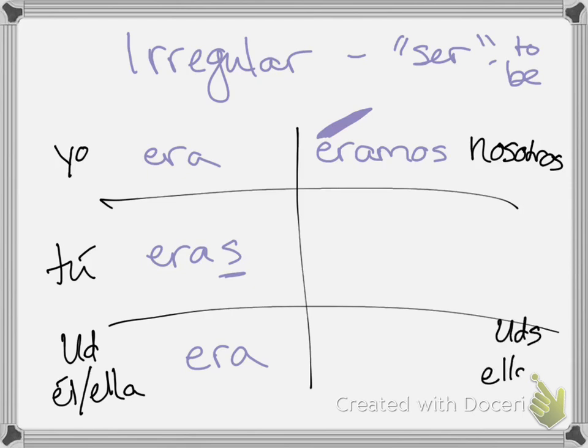Ustedes, ellos, o ellas is going to be eran. ¿Sí? Eran muy buenos estudiantes. En el kinder eran estudiantes perfectos, pero ahora que están en la secundaria, ¿sí? Eran. Right, so this is our irregular del verbo ser, and then also we went over ER and IR verbs. Please let me know if you have any questions. Hasta luego.